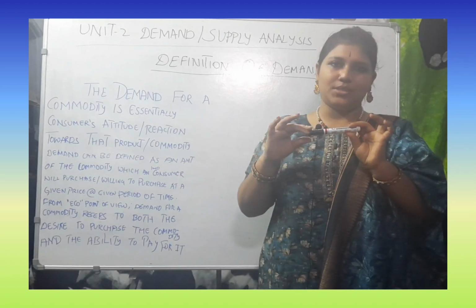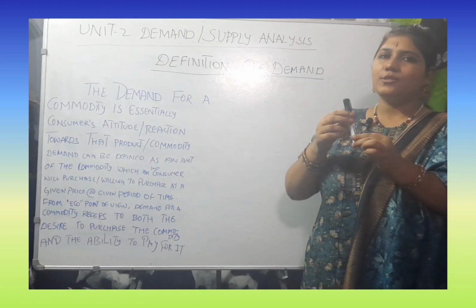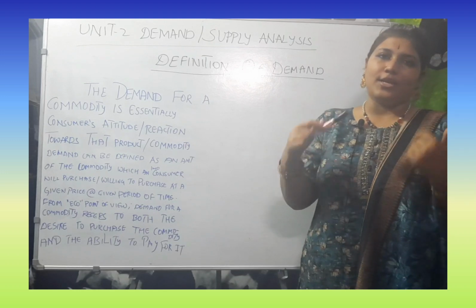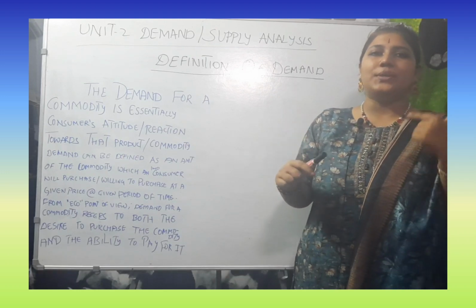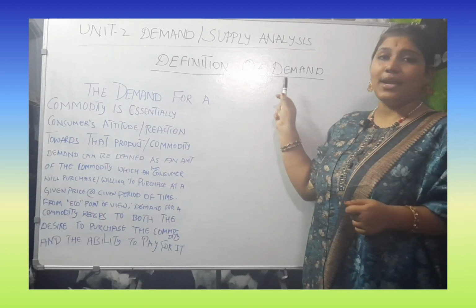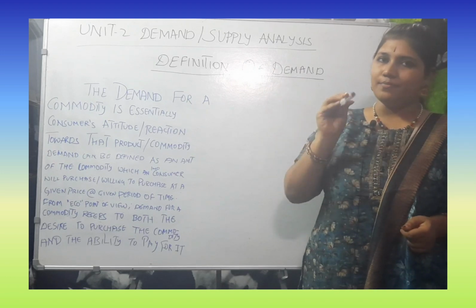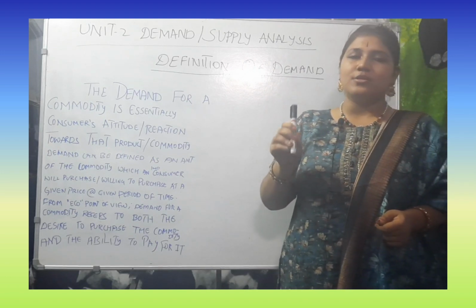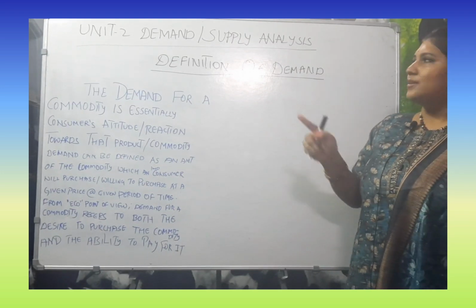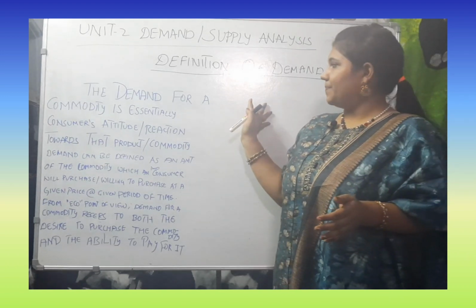When I went into the market and saw the same kind of pen, this desire which I had turned into demand. Yes, I need it, because the last time when I was writing, my pen started stopping. So now I have to buy it for sure. So that strong willing desire that turns into demand is what is called demand.